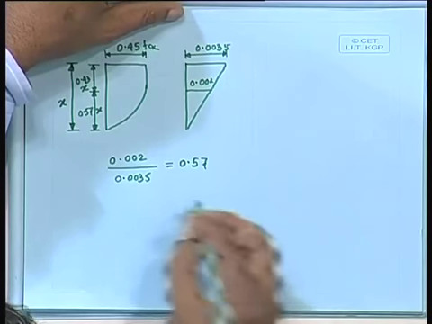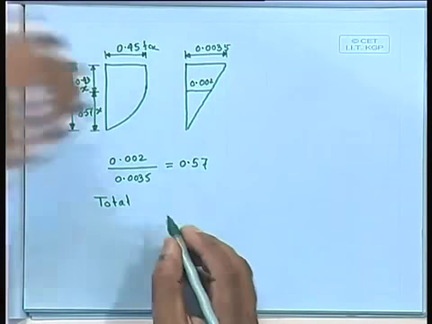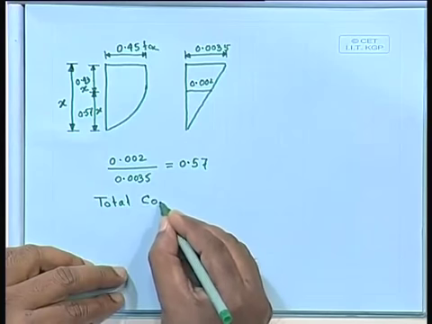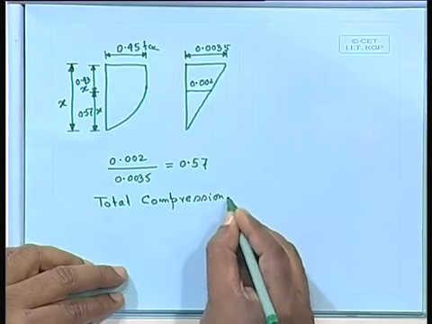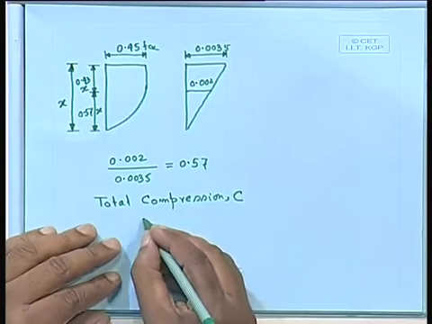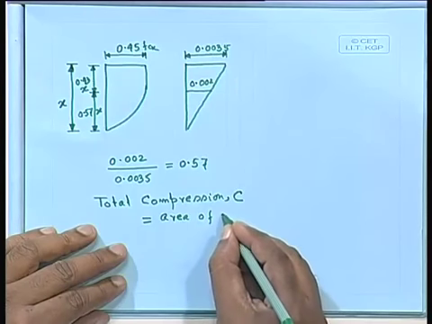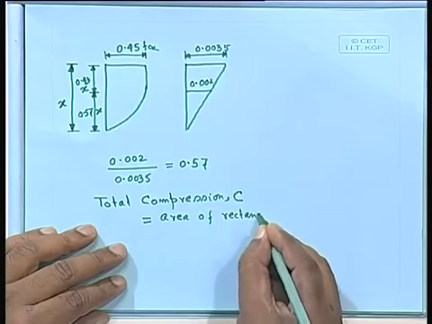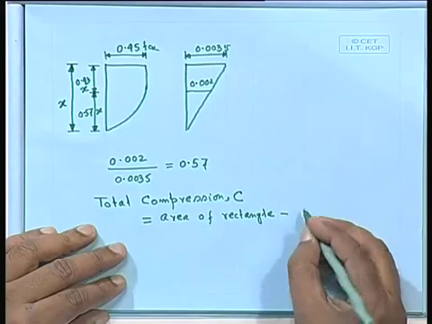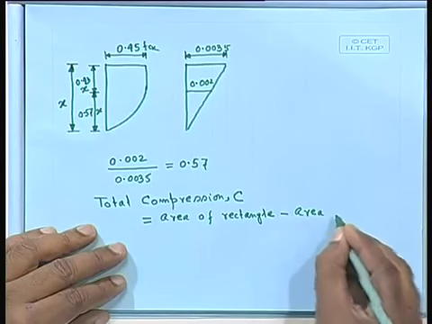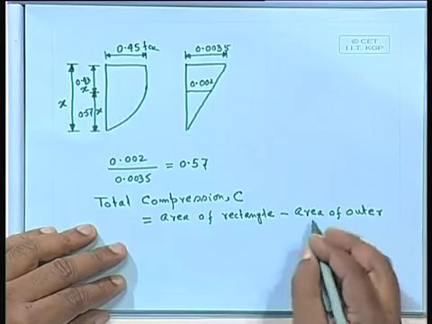We can write down total compression C equal to the area of the rectangle, the full one, minus the area of the outer parabola.